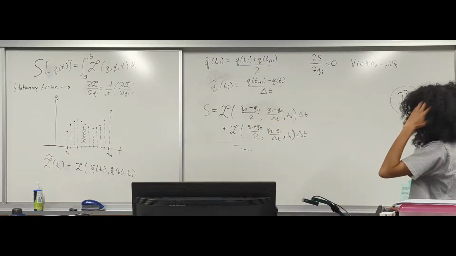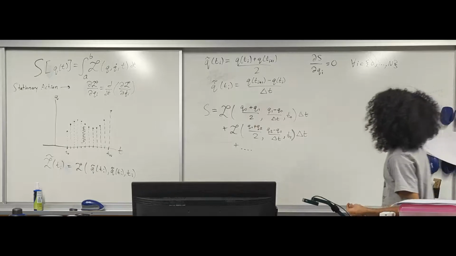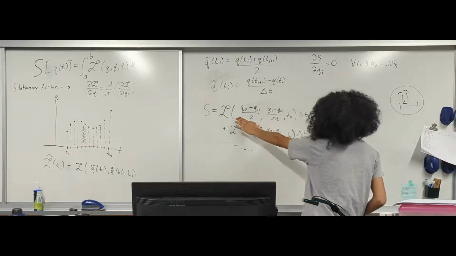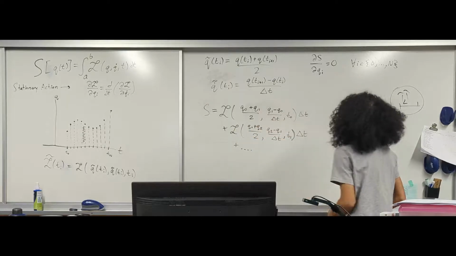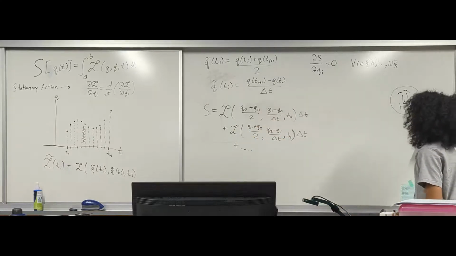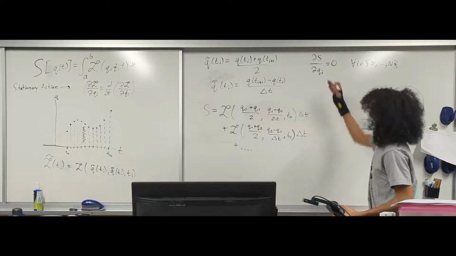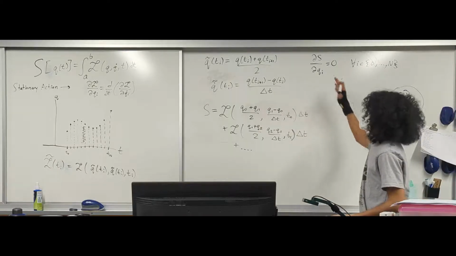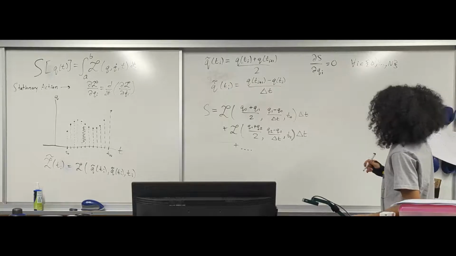So we can model it based off these two terms. Let's say I'm going to imagine that qi is q1, but there's nothing special about q1. We can do this for all i.